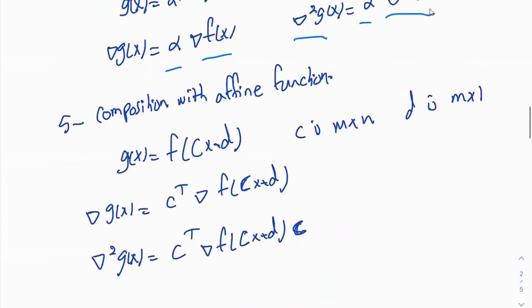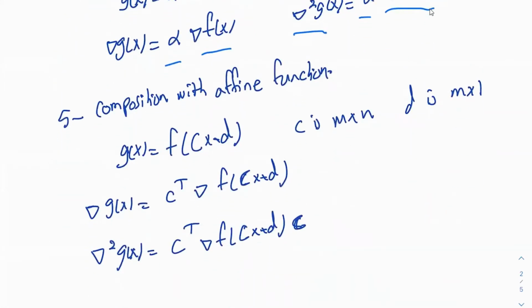So if g of x is f of cx plus d, where cx plus d is going to be a vector, so this is an affine function, right? And c is n by n and d is n by 1. Remember, if c is n by n and d is n by 1, then cx plus d has to be n by 1.